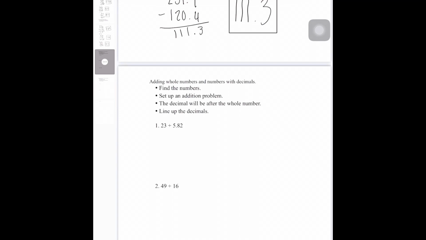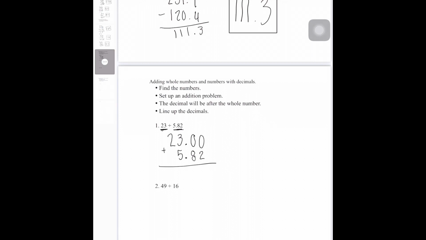So we have 23 and 5 and 82 hundredths. So 23 will have a decimal and 2 zeros following it. And then we will add 5, the decimal, and then 82 hundredths.